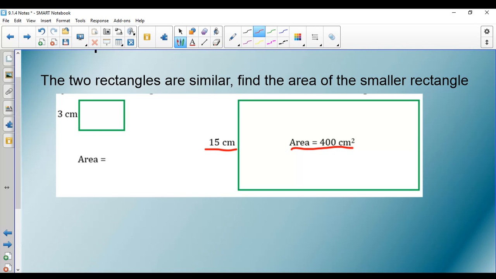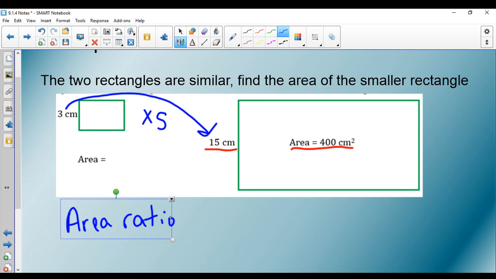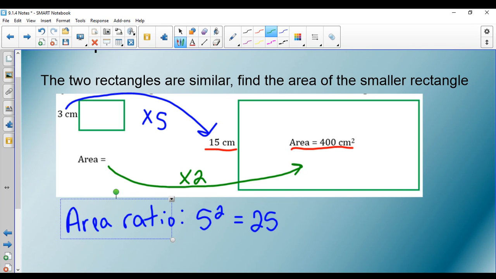But if we're just trying to find the area of the smaller shape, we need to know how many times larger the bigger shape is, and our bigger shape is 5 times larger, which means our area ratio would be 5 squared, or 25 times larger. So the areas are 25 times larger.